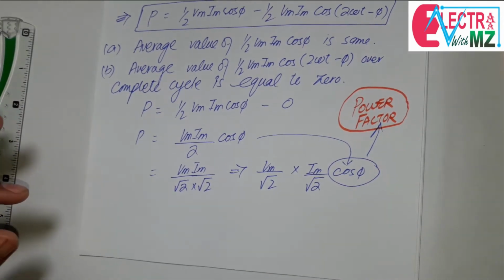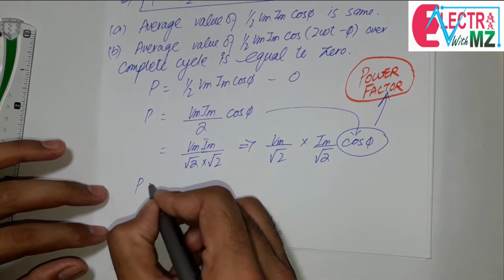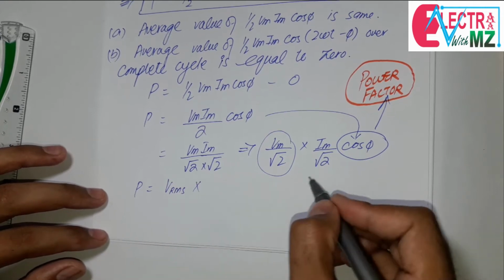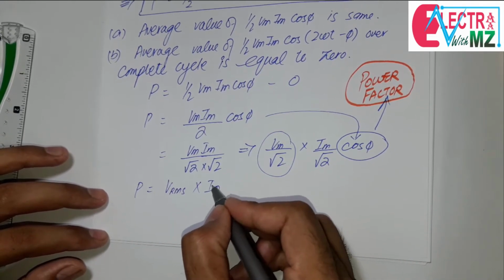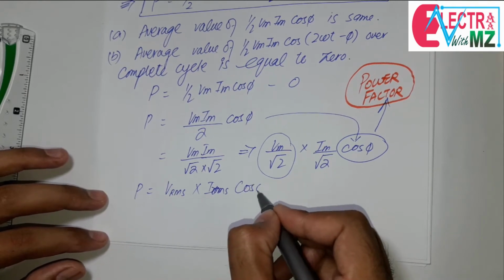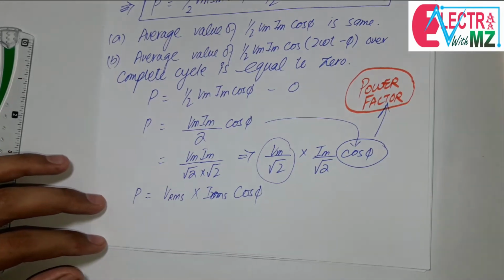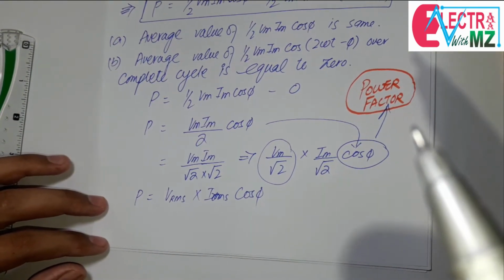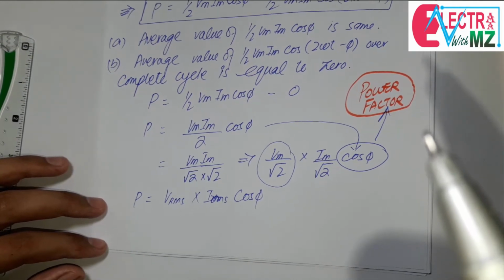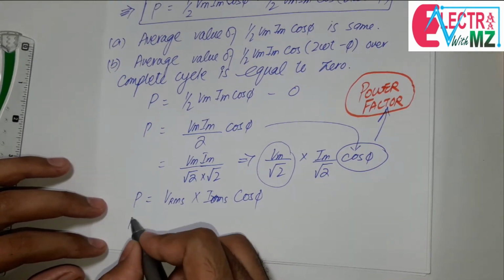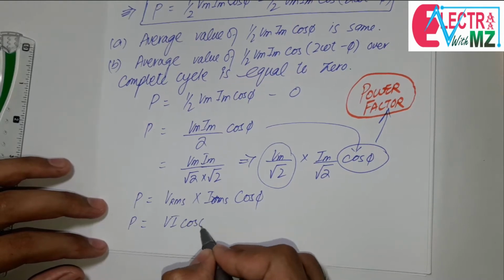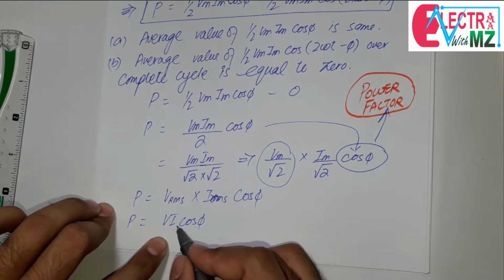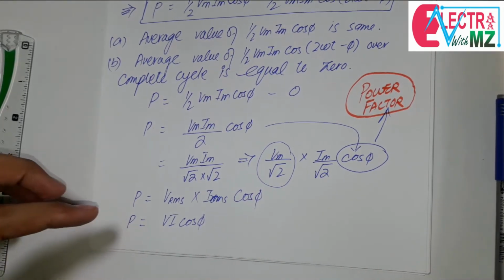Okay, so P is equal to V RMS multiplied by I RMS cos phi, or P is equal to VI cos phi, where V is the RMS value of the voltage, I is the RMS value of the current, and cos phi is the power factor.